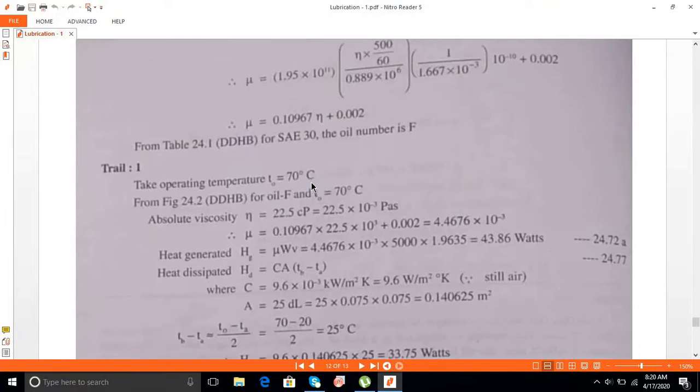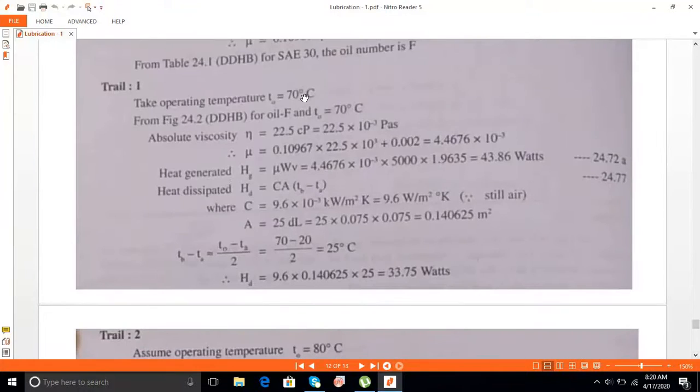So from figure 24.2 for oil F at T0, we got viscosity equal to 22.5 centipoise. We substitute this, get the mu value, and also calculate heat generated. Heat dissipated is also calculated for the particular trial of 70 degrees Celsius.